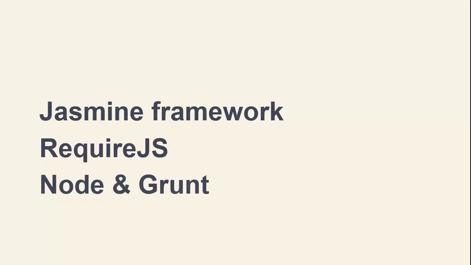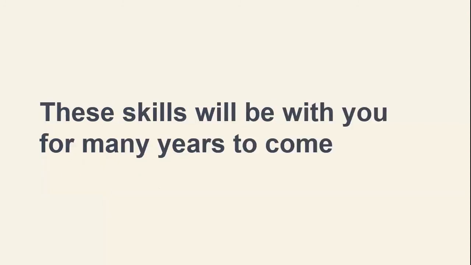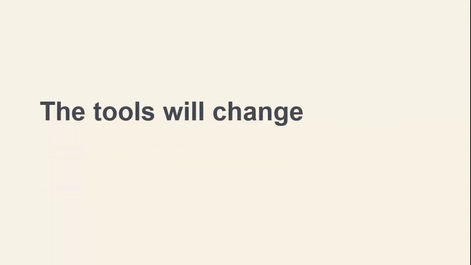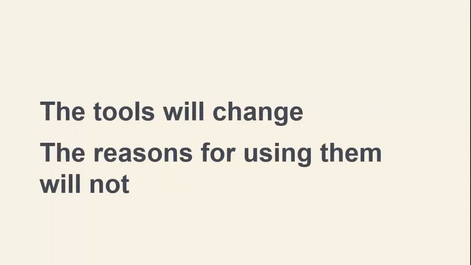Although the trendiest and most cutting-edge startups may have moved on from some of these tools, many of them are still making their way into the mainstream corporate world and will be around for some time to come. And besides, the skills learnt by using these tools will be with you for many years to come. The tools that implement the practices are sure to change, but the underlying reasons for using them will not.